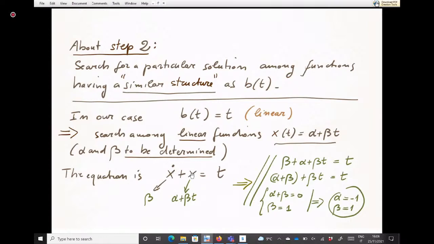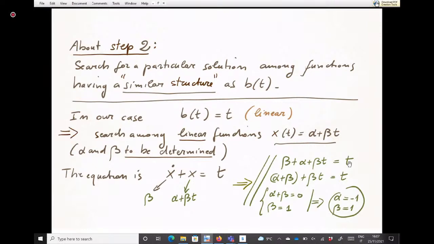Now, I want to find a particular solution among the set of linear functions alpha plus beta t. Its derivative with respect to time is beta. The function itself is alpha plus beta t. So beta plus alpha plus beta t must be equal to t.